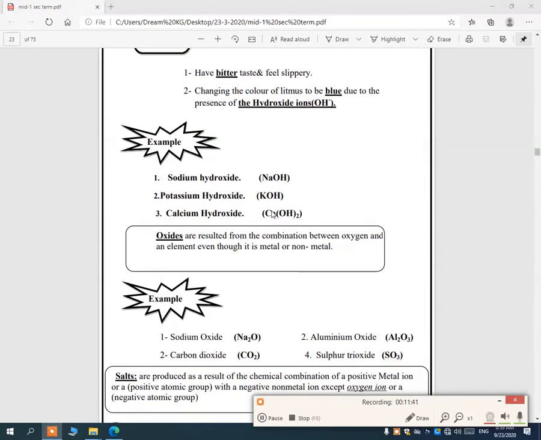We have here some examples of bases. First one, sodium hydroxide or NaOH, potassium hydroxide KOH, calcium hydroxide Ca(OH)2. Take care, all hydroxides end with OH. So now you have to take care. All acids begin with H. All hydroxides end with OH.